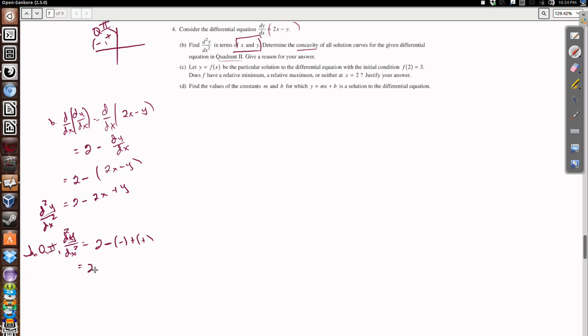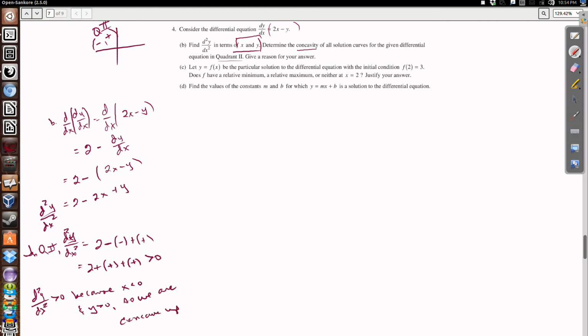So this is really 2 plus a positive, which is greater than 0. So d squared y over dx squared is greater than 0 because x is less than 0 and y is greater than 0. Therefore, we're concave up.